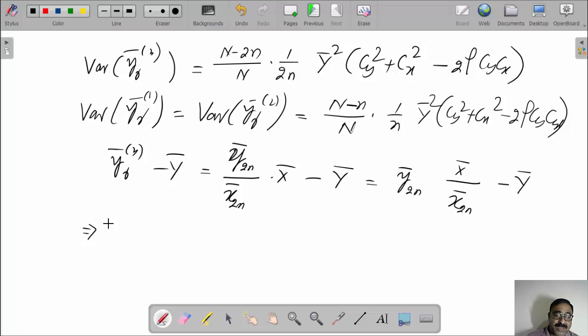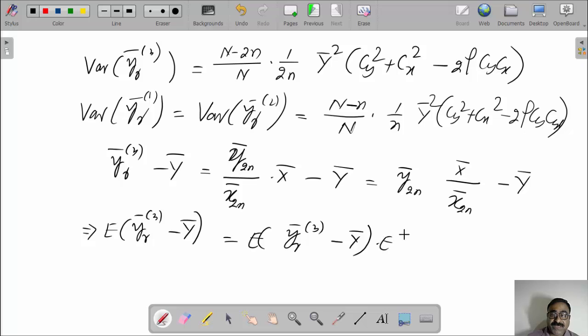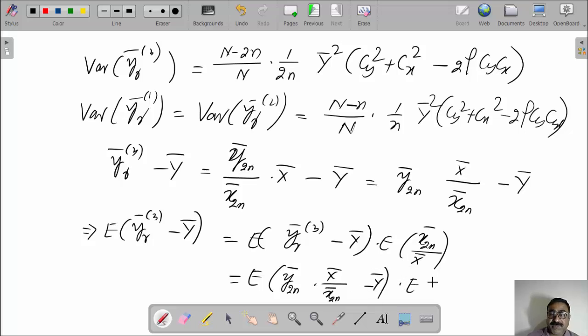This implies expectation of y r bar 3 minus y bar is equal to expectation of (y2n bar into x bar by x2n bar minus y bar) into expectation of x2n bar by x bar.